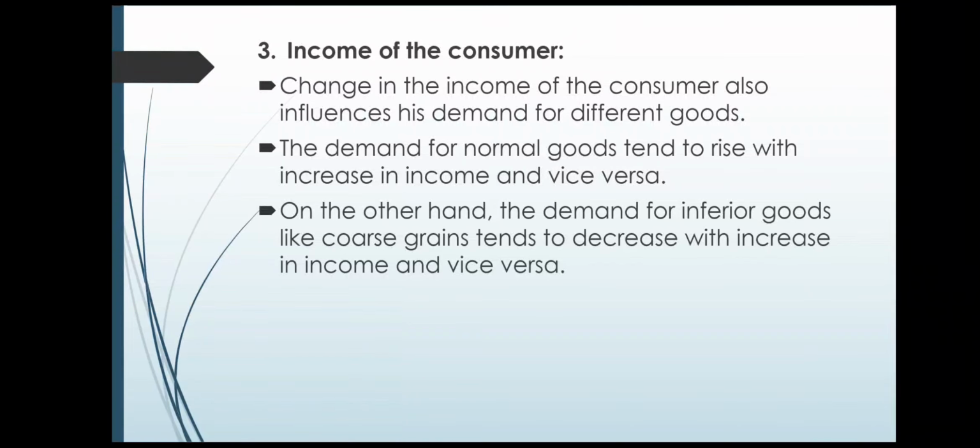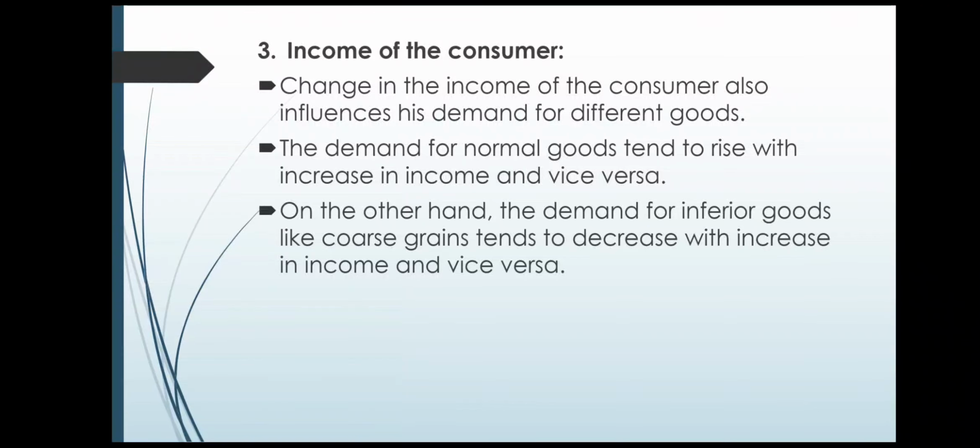On the other hand, the demand for inferior goods like coarse grains tends to decrease with an increase in income and vice versa. So whenever there is an increase in income, the person would not like to consume inferior goods.